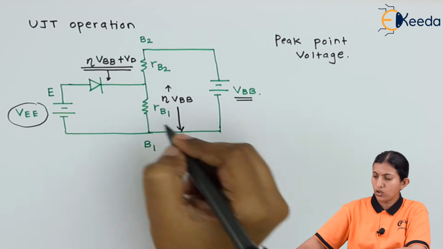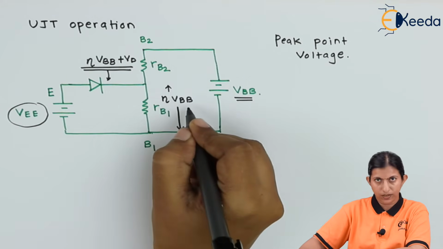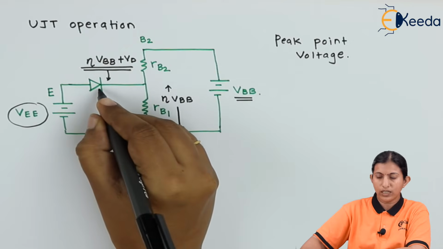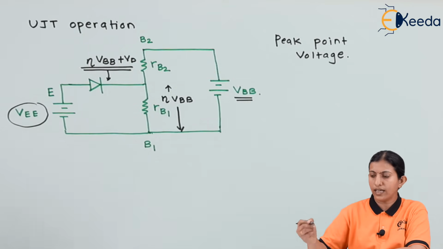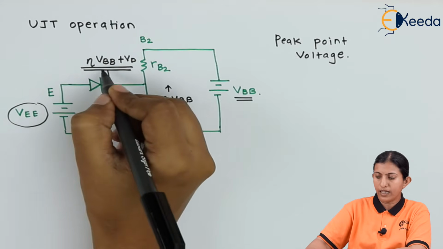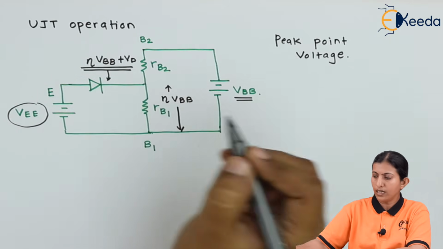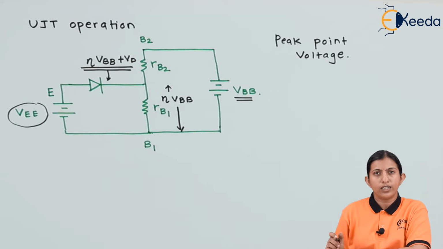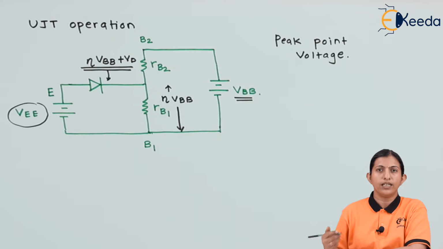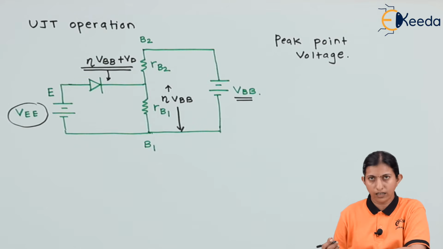The voltage across RB1 is eta times VBB, which is applied to the cathode terminal. So the input voltage must be greater than eta times VBB plus VD, and only then will the device turn on, or as we say, the UJT is fired or triggered.